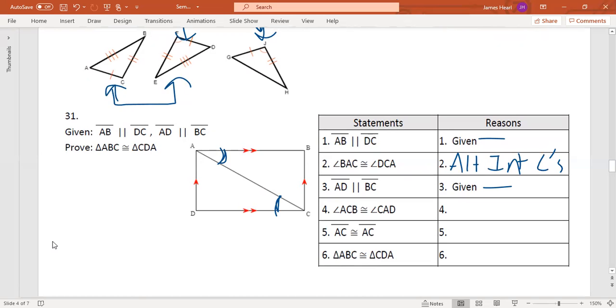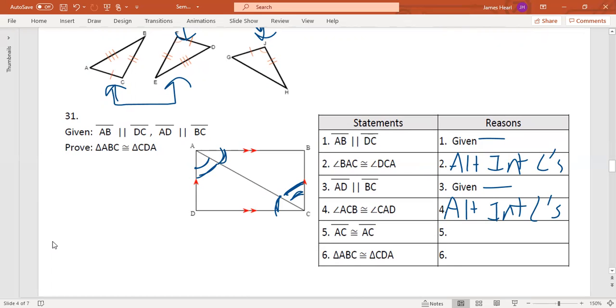But if we get down to line 4, ACB, which is this portion, matching up to CAD, which is this portion, that is a second pair of alternate interior angles, which shouldn't be a surprise. You had two givens with parallel, so you should get to use it twice, alternate interior angles both times.